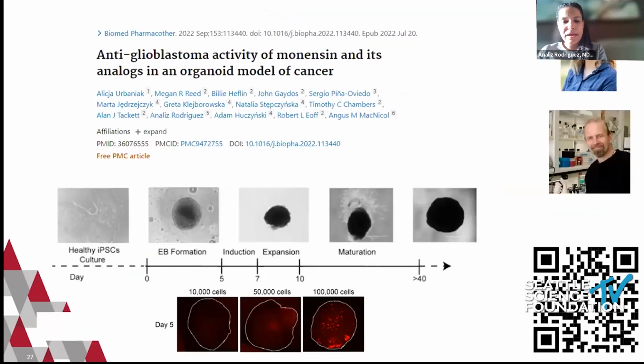We also can grow a mini brain, using stem cells and inducing a small embryonic-like mini brain. Then you can add tumor cells to that mini brain so they have an organotypic microenvironment, and then you can do drug screening.